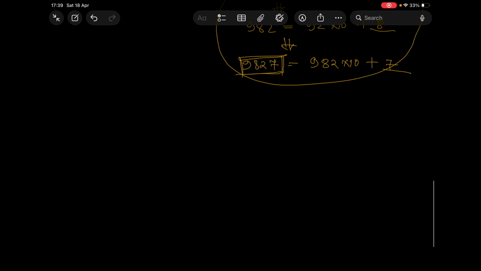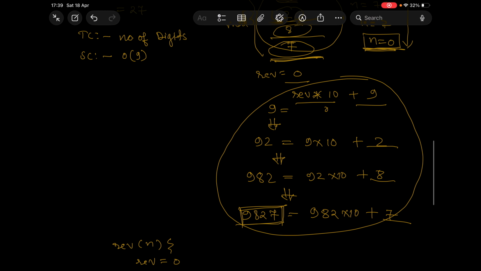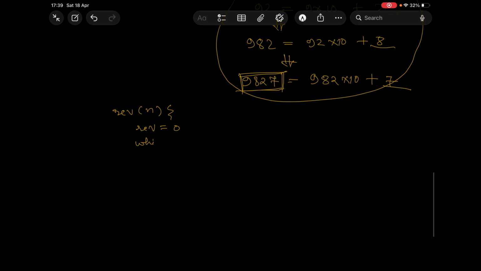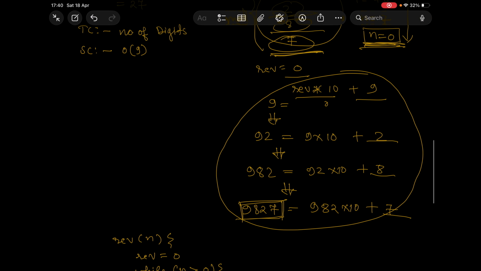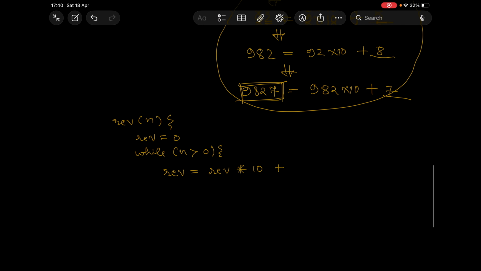So altogether when we combine this, what we are actually doing is, we have this reverse method which has this number n, and let's say a reverse variable which is initially 0, and we are doing this till the number becomes 0, right? So let's say while n is greater than 0, what we are doing is the current reverse value into 10 plus now we are adding the mod.